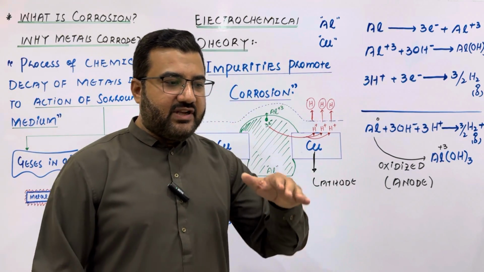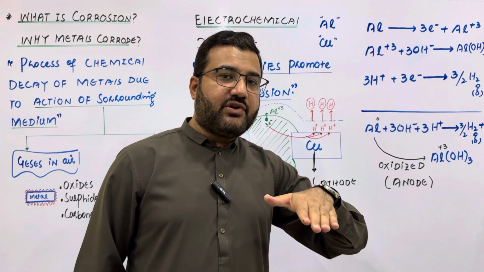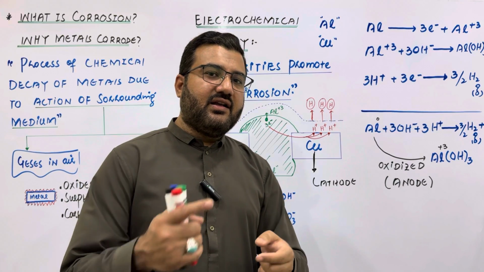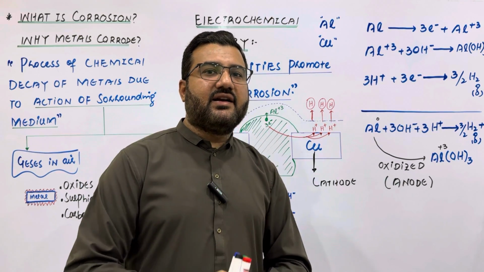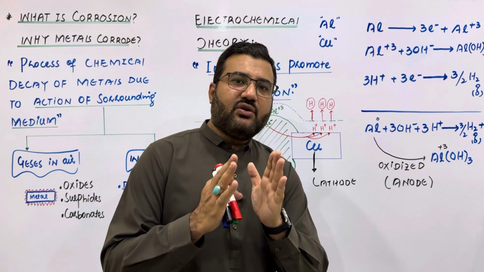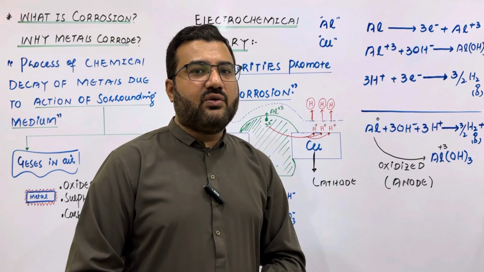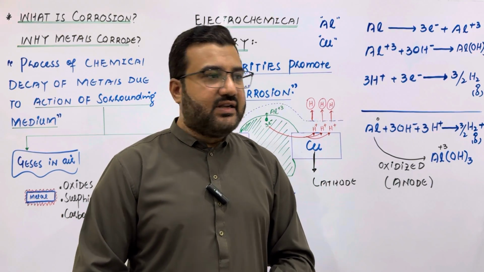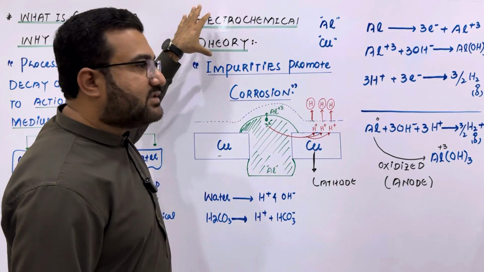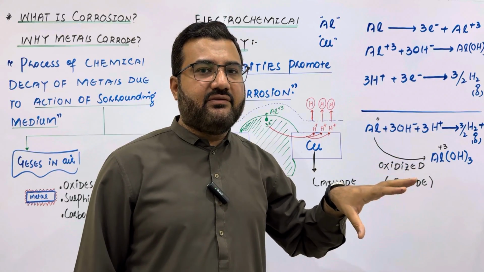While the metal which is relatively at the lower position has high reduction potential and low oxidation potential, it is basically an inert metal, and in electrochemical cells it acts as cathode. Because corrosion is an oxidation process, the anode always gets corroded. So this was the explanation by the electrochemical theory based on the electrochemical series, which is also called the metal reactivity series.